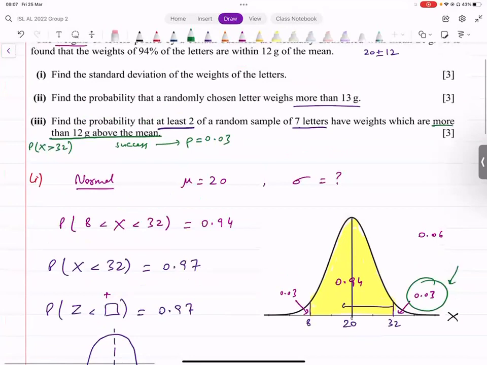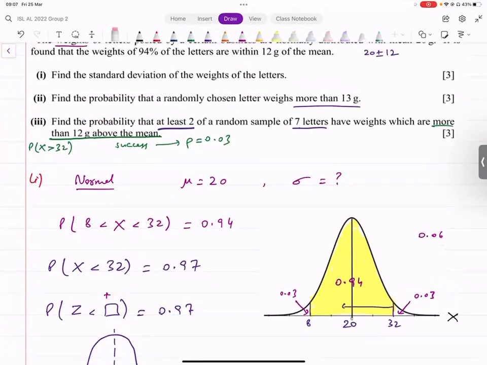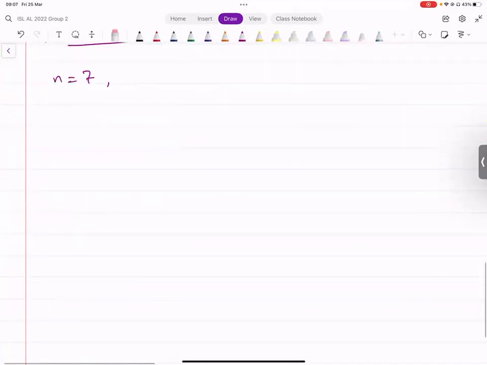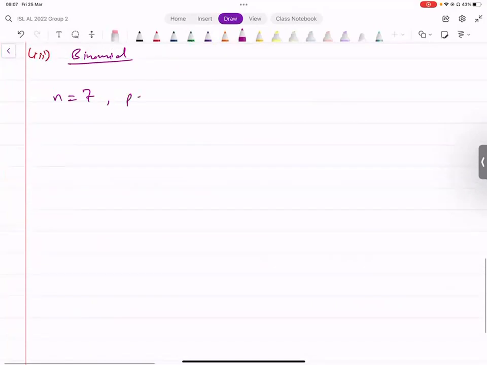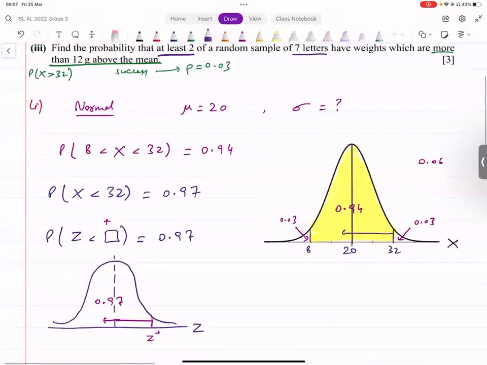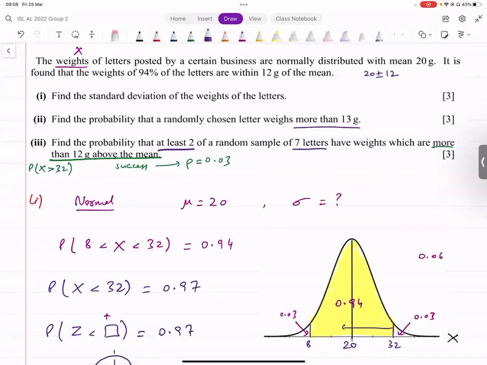ठीक है? Okay, so that's your probability of success. It's 0.03. Success की probability भी आ गई. अब यहाँ पे हमारा वेरिएबल क्या है? नंबर ऑफ लेटर्स. हमें क्या करना है? At least 2 successes.